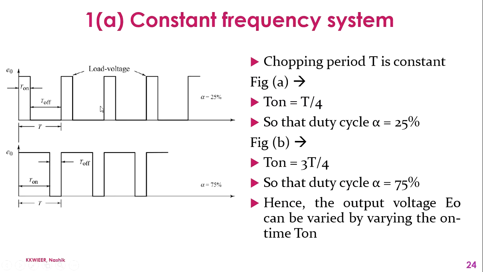So for the first figure, that is a figure A, T on is 1/4 of this total period T, so that the duty cycle alpha will be 25%. Whereas in second case, this T on is 3/4 of T. So duty cycle alpha is equal to 75%. Hence, the output voltage E0 can be varied by varying the time T on.